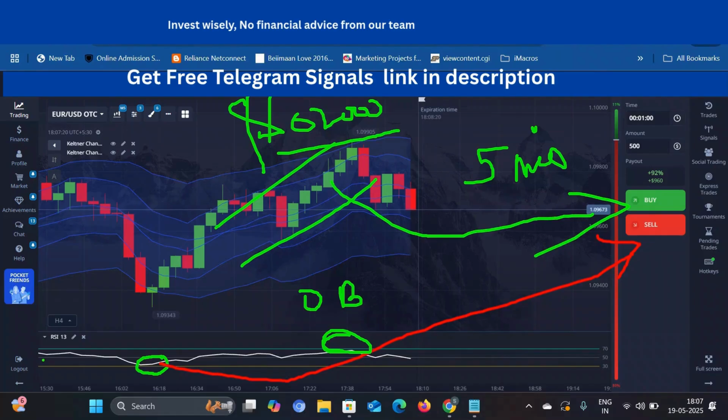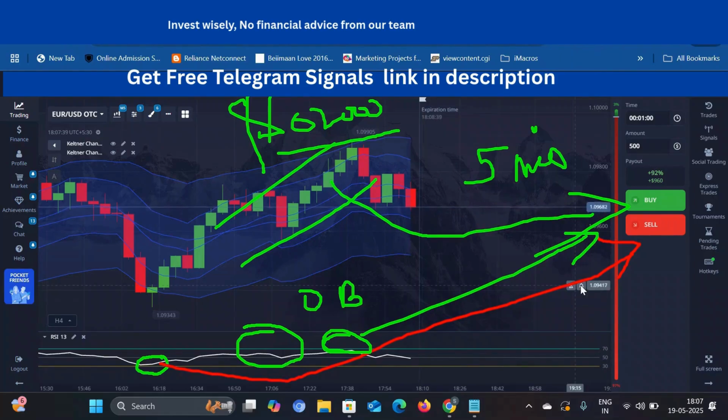We will take a buy trade there, and if the RSI is also indicating that the price is high and at an overbought level, that means the price is currently elevated, and we will take a buy trade here. So this is its basic principle. This is the basic concept, and I hope you have at least understood the theory. If you found this theory helpful, now let's move forward with the trading session.